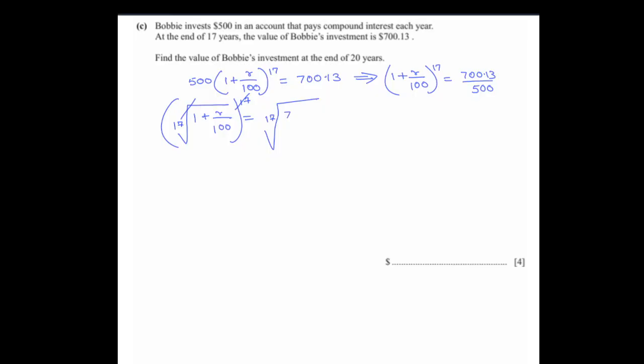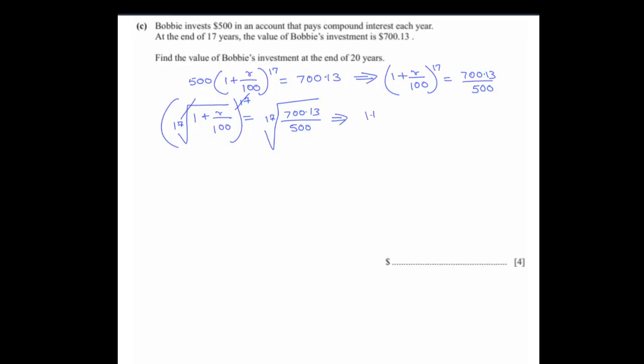Now taking all the things to the right hand side, we will get 1 plus r by 100 whole raised to 17 as 700.13 by 500 because it gets divided. Now we need to remove the power here. So 1 plus r by 100. To remove the power, we have to do the 17th root. That will cut away the power. 17th root of this whole raised to 17, you will cut this, and on the right hand side also you have to do the 17th root of 700.13 by 500.